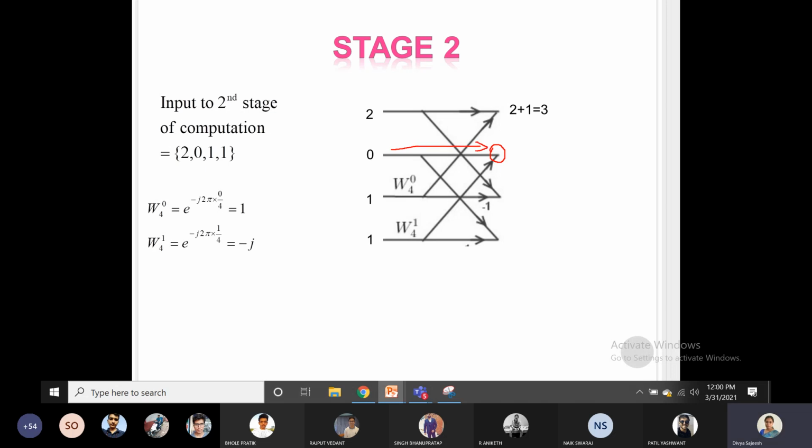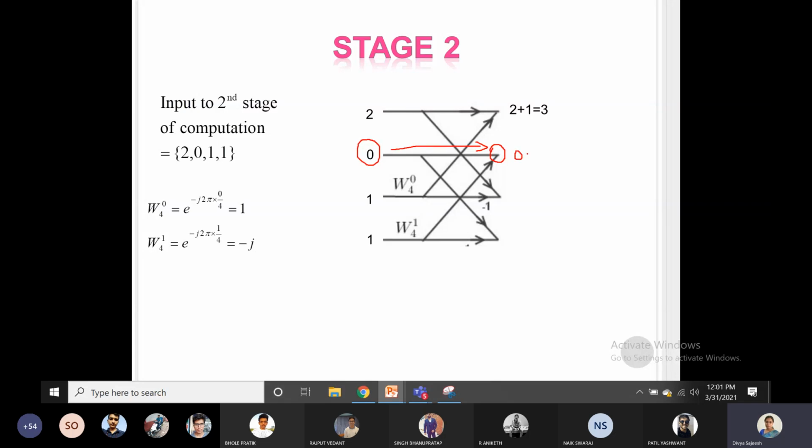What is the input you are giving here? 0, ma'am. So this is like a flow graph you have studied in networks. Nothing is mentioned over the line, so consider the multiplication factor in the line to be 1 only. So 0 into 1 will give you 0. So the first input coming here is 0.